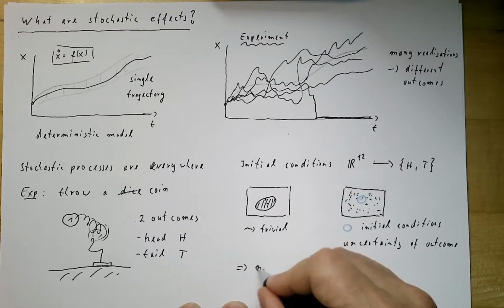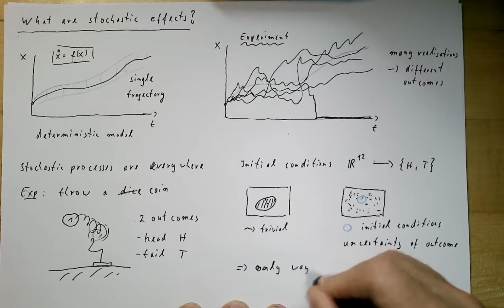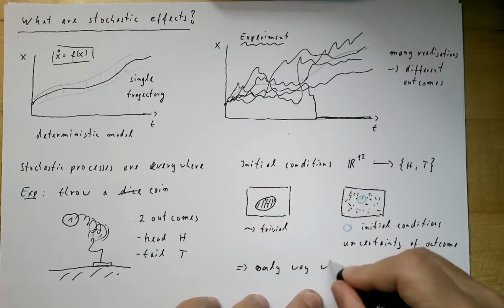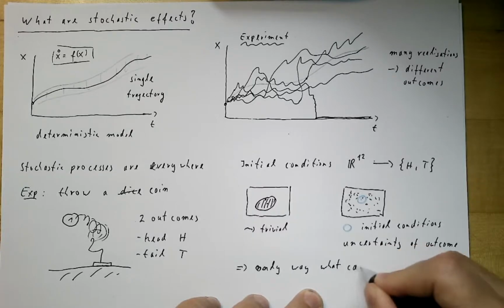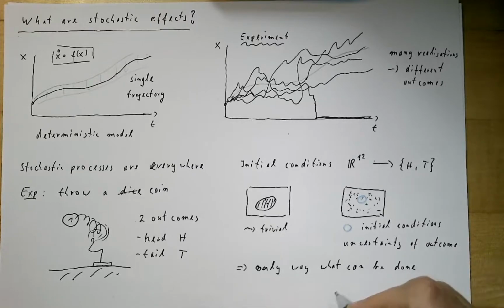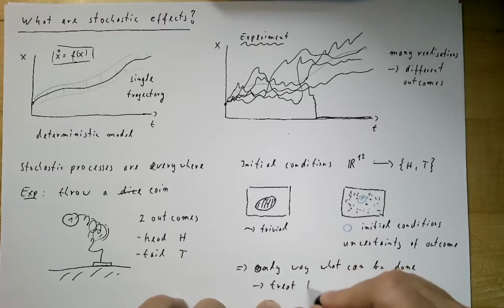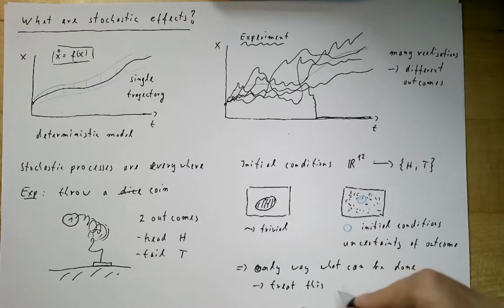The only way what we can do is treat this as a stochastic process. Yeah?